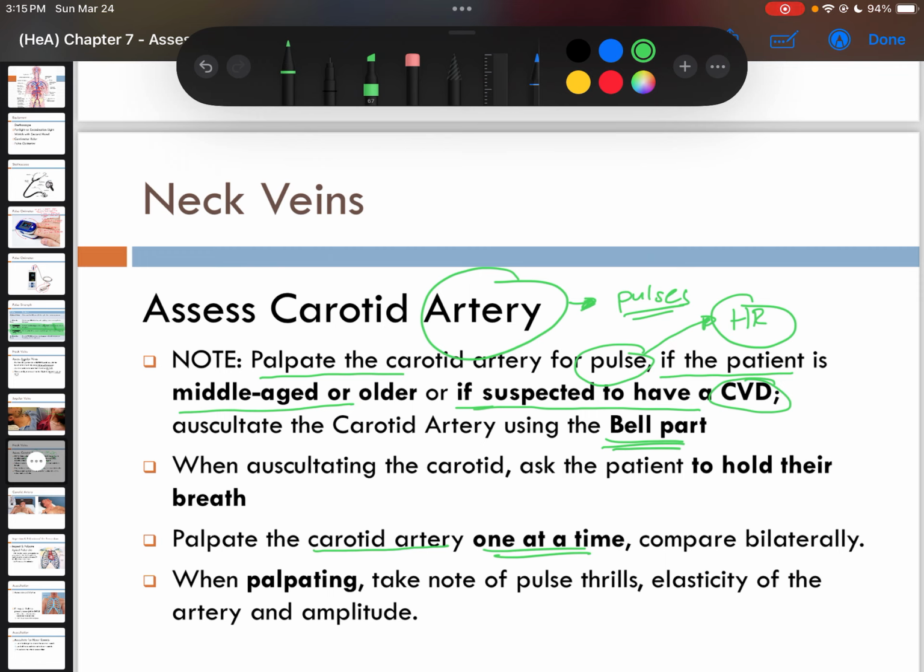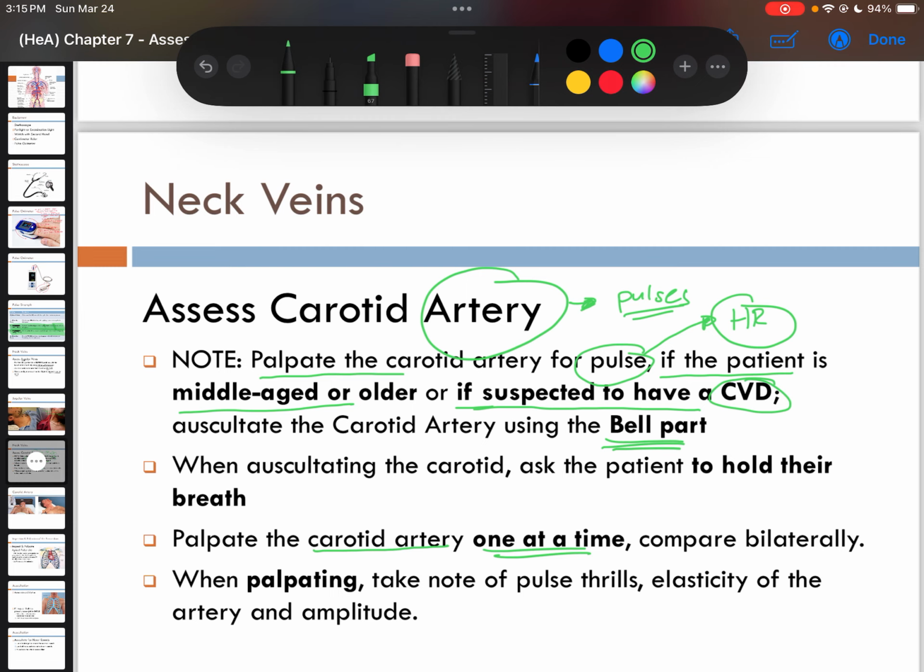The tendency, if you palpate both at the same time, is that you might occlude or impede blood flow going to the brain, because you are pressing on the carotid arteries. The patient might feel dizzy.